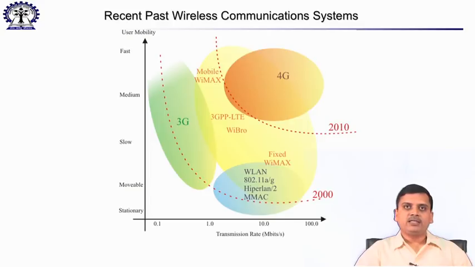So, what we see is that some of the technologies were very good at providing high mobility support, while other technologies were very good in providing high data rate, but at low mobility, and 4G had a target of providing very high data rate while providing very high mobility. Now, when we look at 5G, 5G also aims to provide very high data rate, also supports very high mobility, but that is not the only aspect, as will be clear in the future lectures.